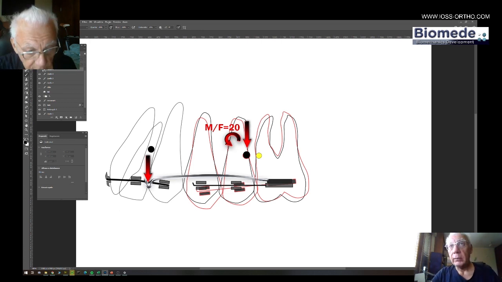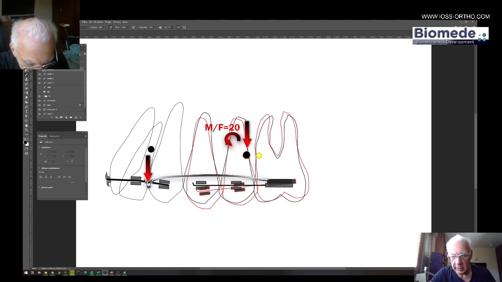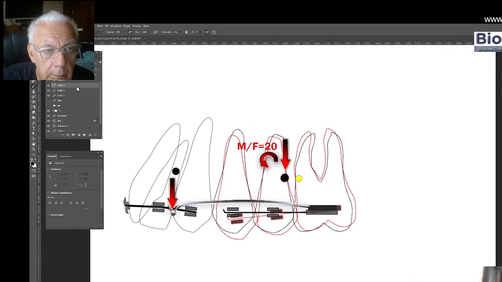And the red drawing will give you an idea of the expected movements. What we have here as major displacement is this movement.